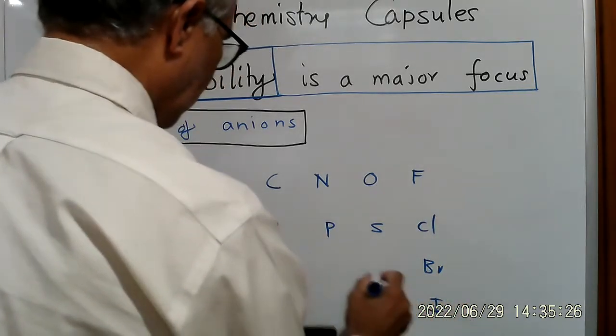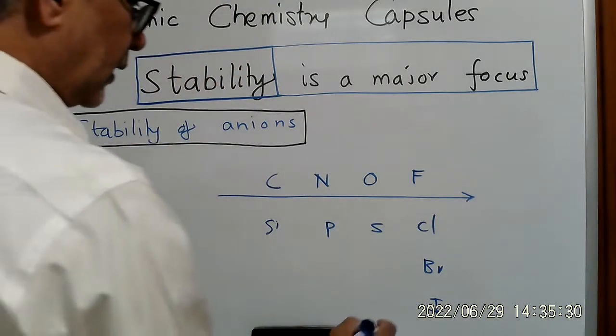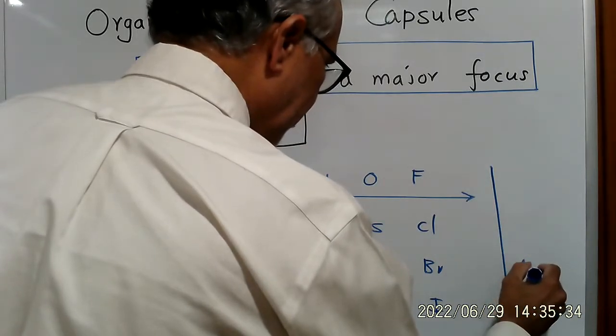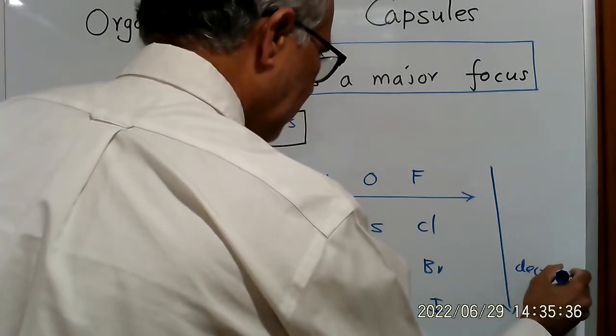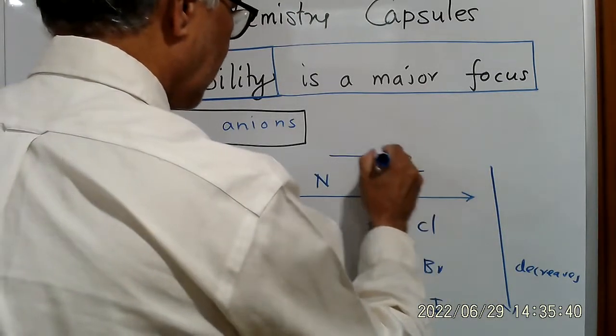So electronegativity increases that way, and decreases this way, and increases this way.